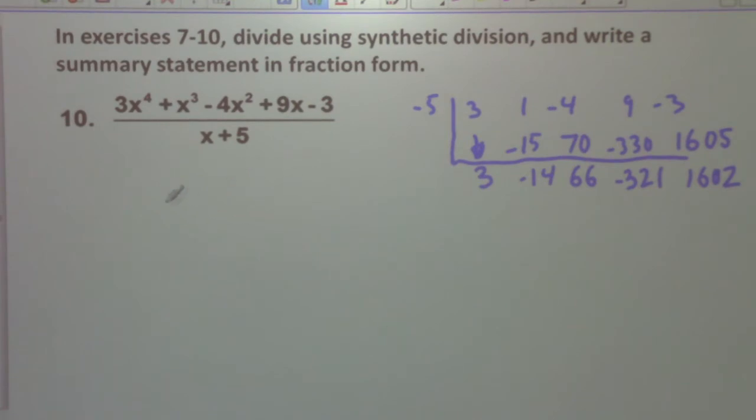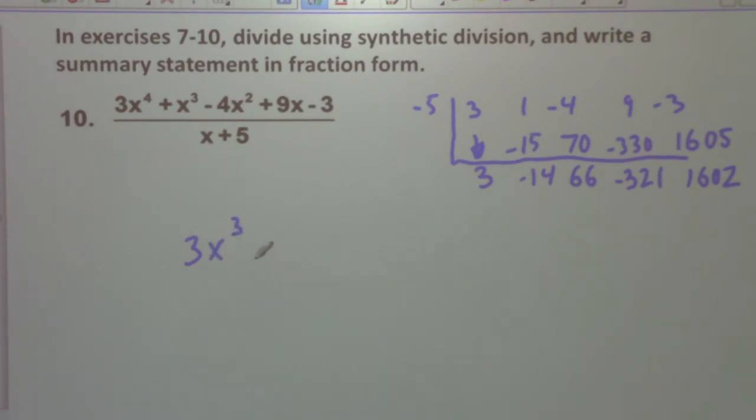All right. So, what's our summary statement here? It's going to be 3x cubed. Yeah, the x in there. My brain's going everywhere.